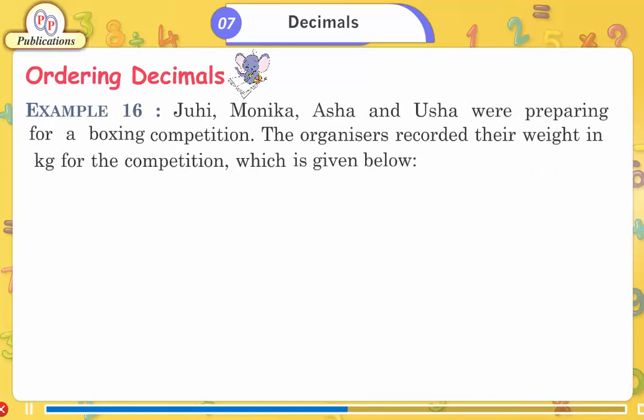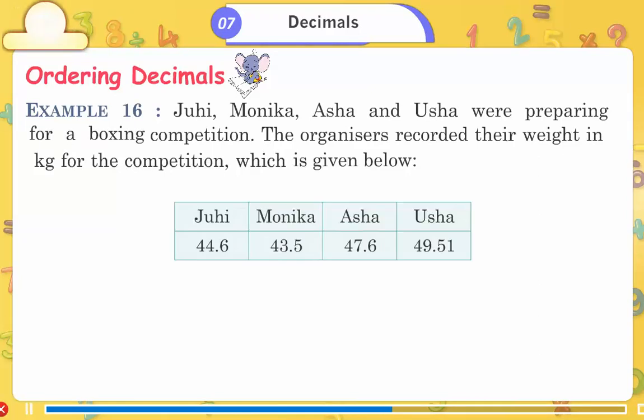Example 16. Juhi, Monica, Asha and Usha were preparing for a boxing competition. The organizers recorded their weight in kilograms for the competition, which is given below. Juhi 44.6, Monica 43.5, Asha 47.6, Usha 49.51.